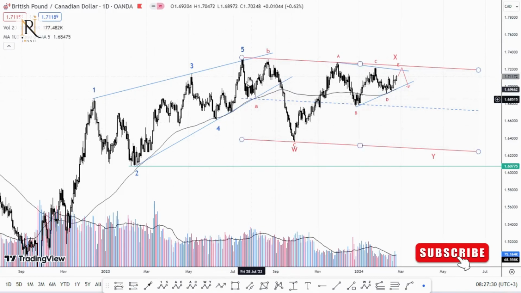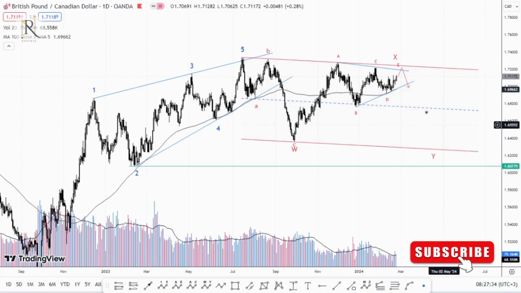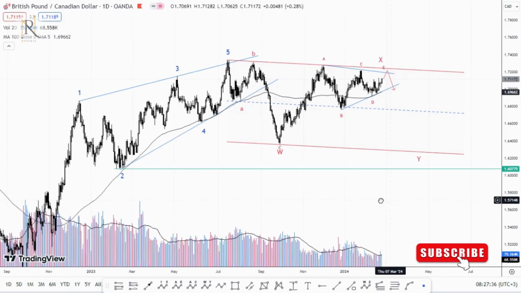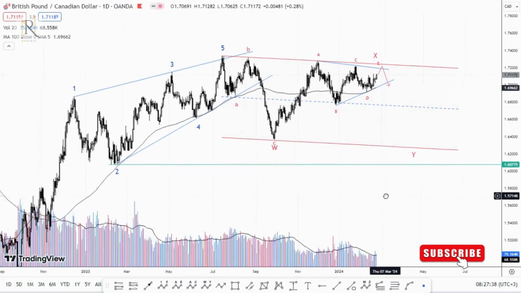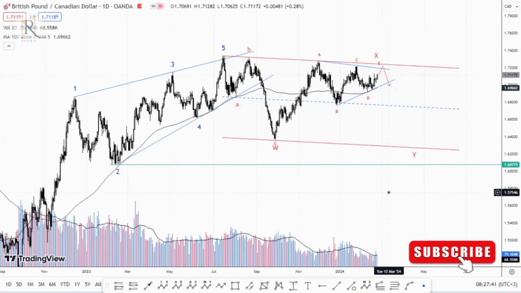So right at this point we have wave ABC. What we'll be looking at at this point also is wave ABC. So looking at this type of analysis, you have so much insight in trading this currency pair, the British pound, Canadian dollar.